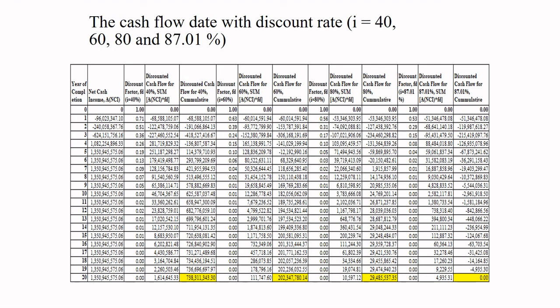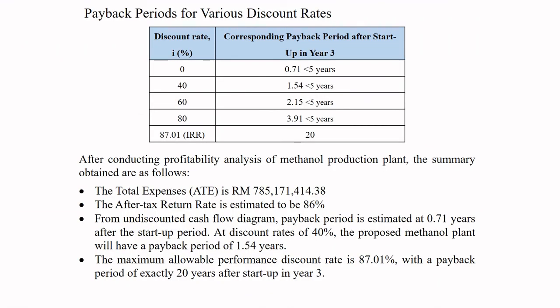87.01%. For the undiscounted cash flow analysis, where the interest rate equals 0%, the payback period is 0.71 operating years after the 3 years of startup period. This means that the plant will start earning after 0.71 year, or 3.71 years in total, which is less than 5 years. For the discounted cash flow analysis, the payback period varies accordingly.